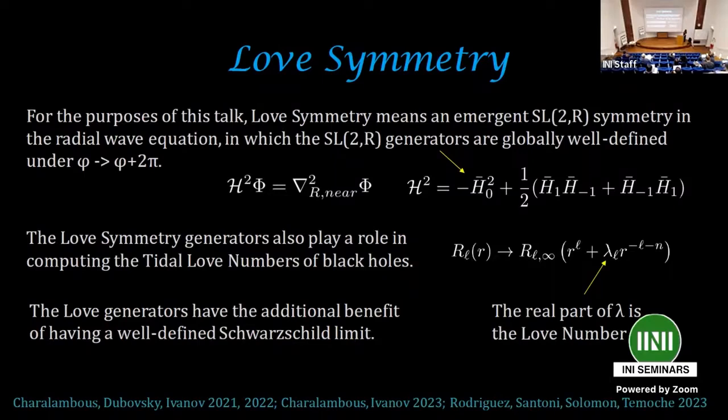So these are the people who are working on this. And why is this important? It's because these symmetry generators that are globally well defined also play a role in helping us extract tidal Love numbers from the black holes that we're studying.